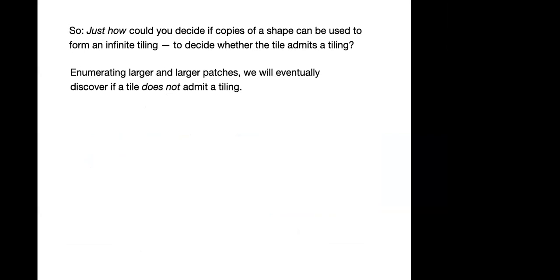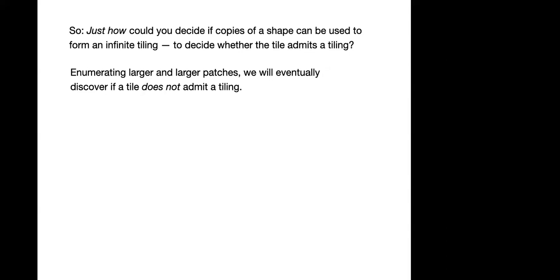And so this is what Wang basically pointed out: if you enumerate larger and larger patches, you can discover if the tile set does not admit a tiling. It's what we might call semi-decidable. It will halt if it does not admit a tiling, but it may run forever if it does.